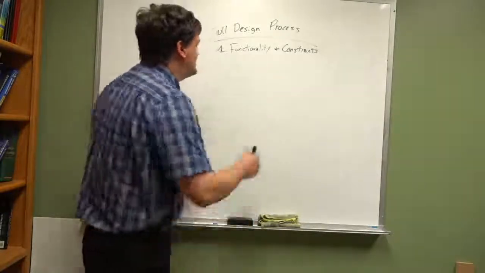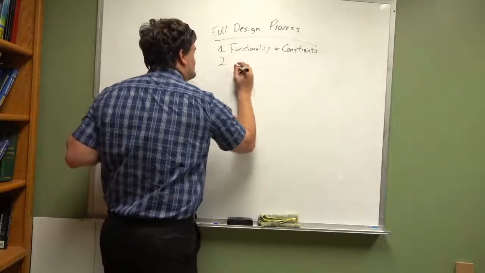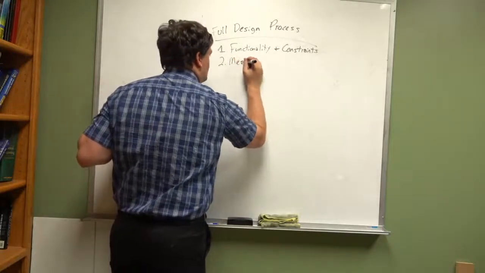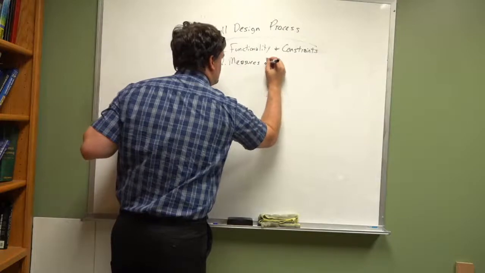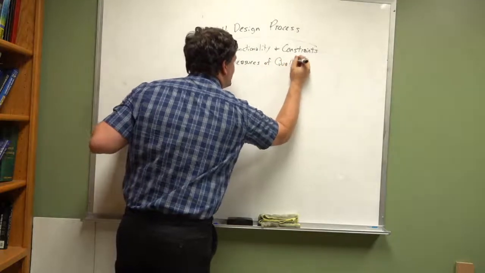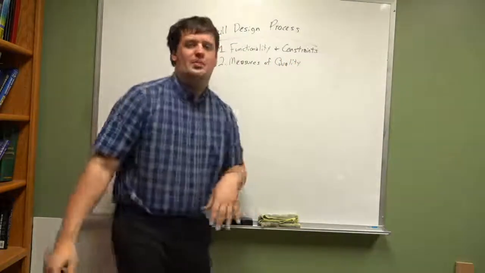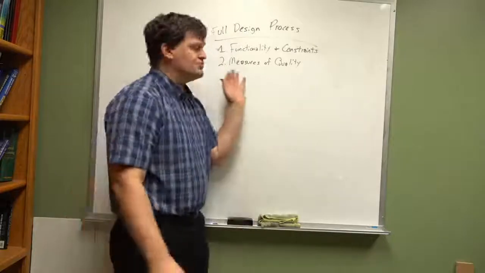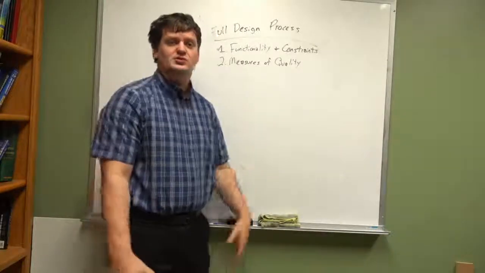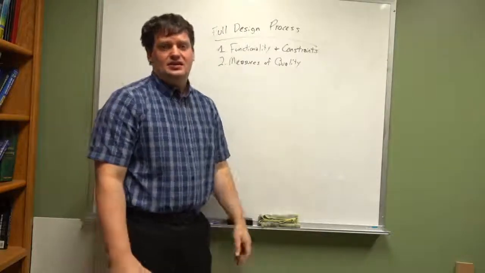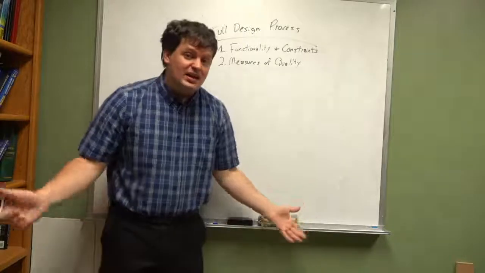Once you understand these, the next step is to understand measures of quality. What makes a good design? What makes a great design? What is most important to you? What is most important to your client? Hey, if weight doesn't matter, you can make it out of cast iron.